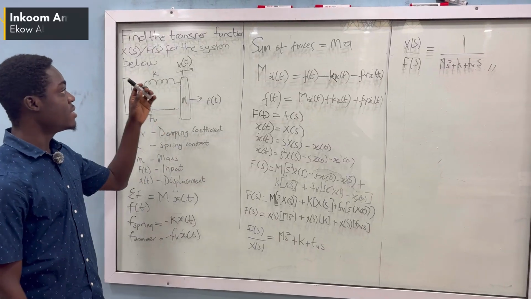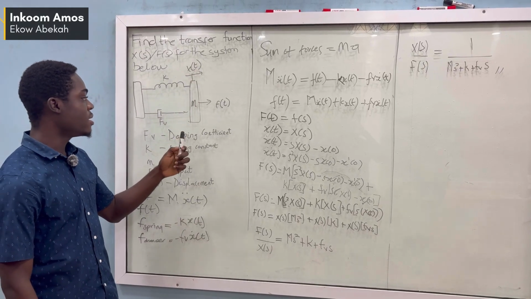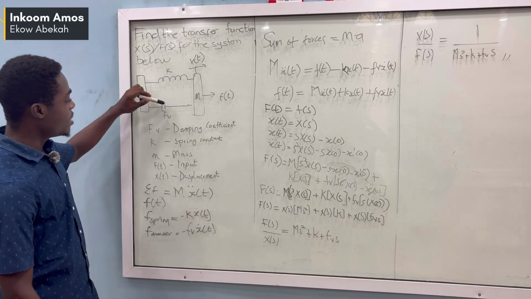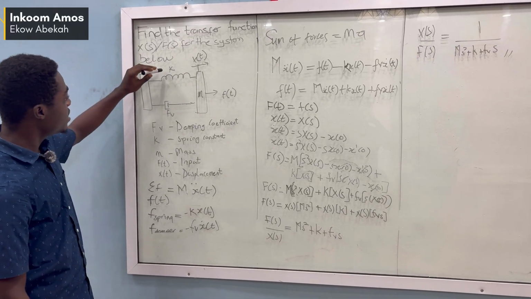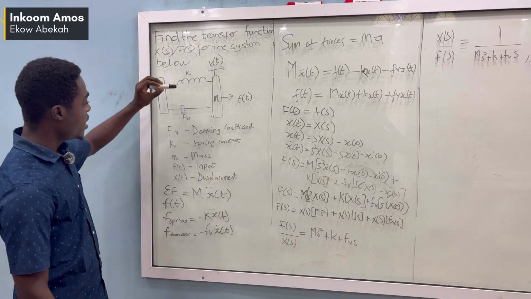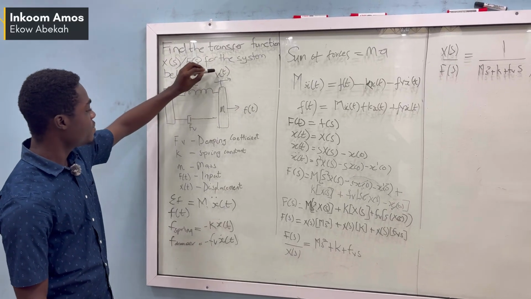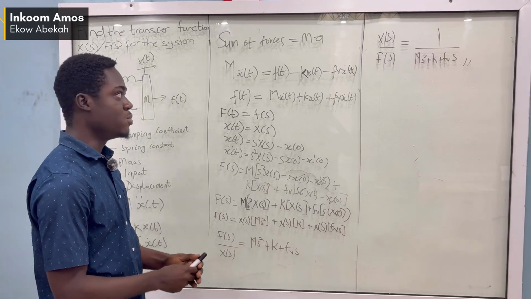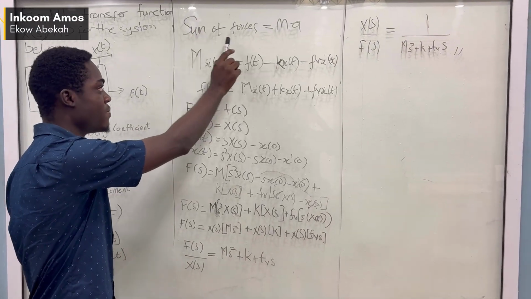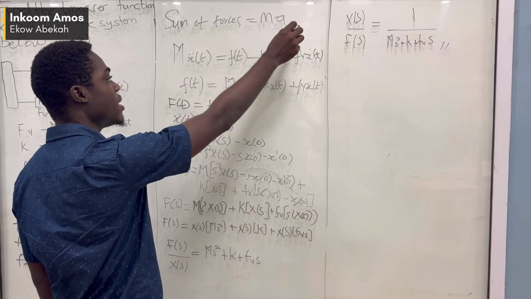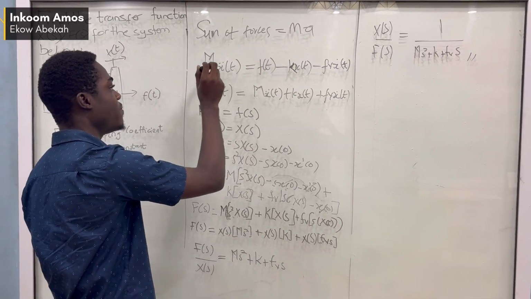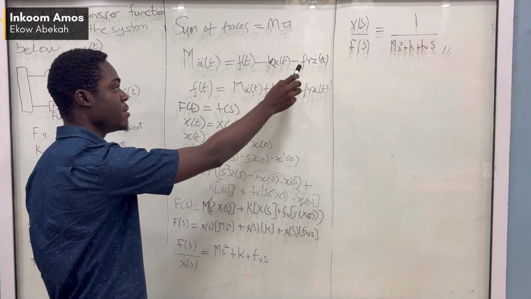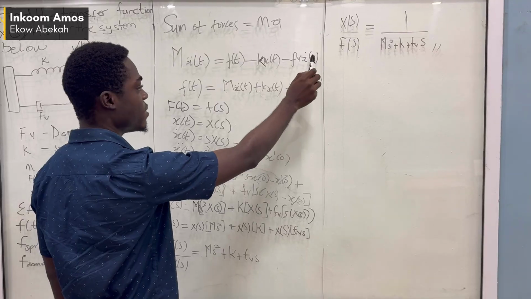In conclusion, to find the transfer function of this linear time invariant system, where Fv is the damping coefficient, K is the spring constant, M is the mass, F(t) is the input, and x(t) is the displacement, we use Newton's second law of motion, which states that the sum of forces is equal to mass times acceleration, where m x double dot of t is equal to f of t minus k x of t minus Fv x dot of t.